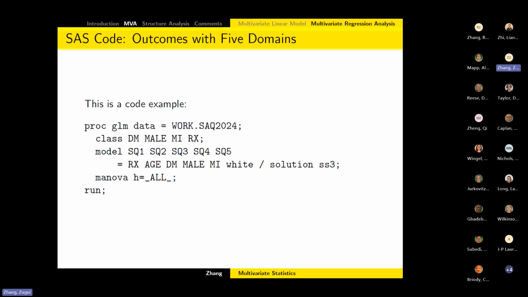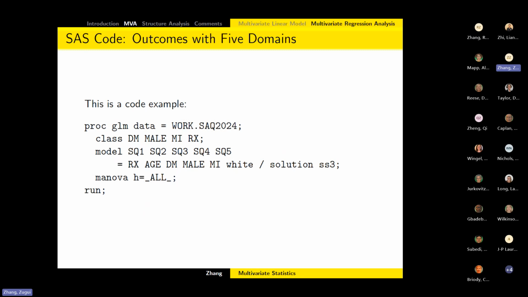And we can use this very simple SAS code to put all 5 domains of outcomes in the model. And then we put the risk factors as predictor variables, like treatment, age, diabetes status, gender, MI, and also race.